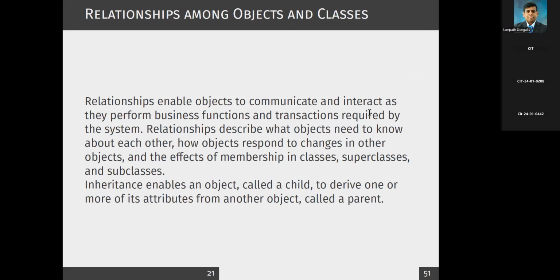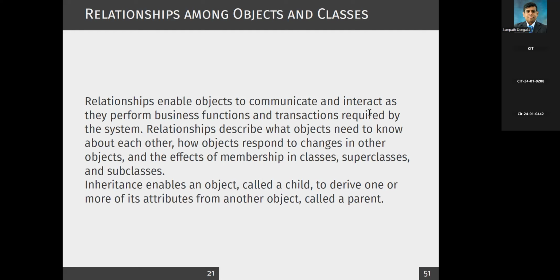The relationships could describe what objects should know about each other, or how objects respond to changes to other objects, and also the membership in the classes, like we discussed about the superclasses and subclasses. Right.